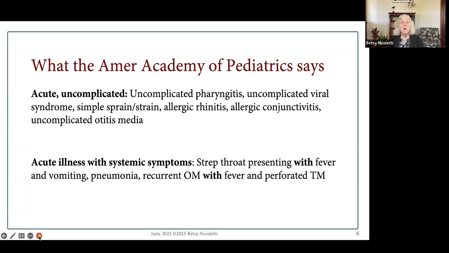They're examples of what would, for a systemic illness, would be moderate, this acute illness with systemic symptoms, a strep throat presenting with fever and vomiting, pneumonia, or recurrent otitis with fever and perforated TMs.